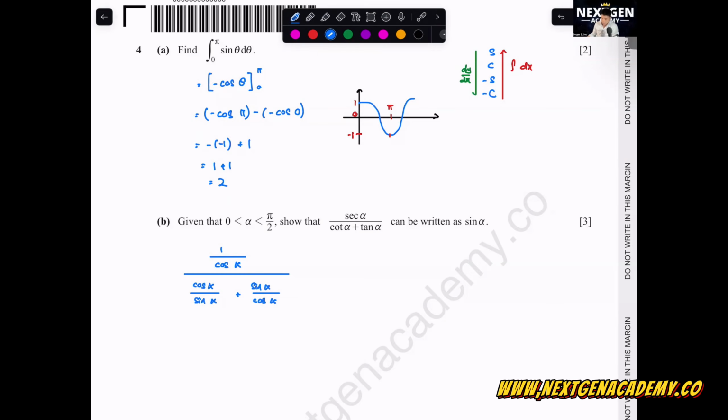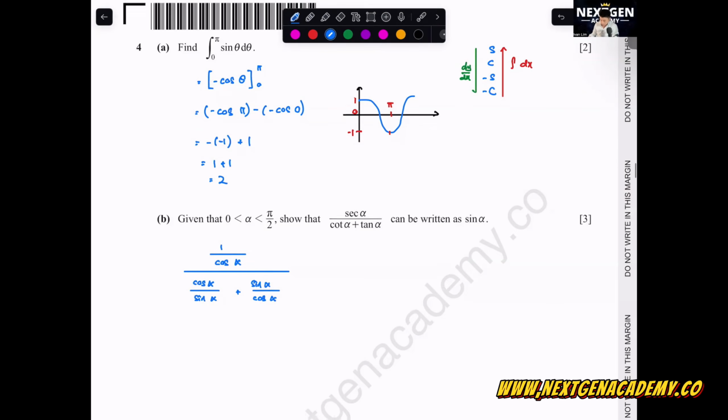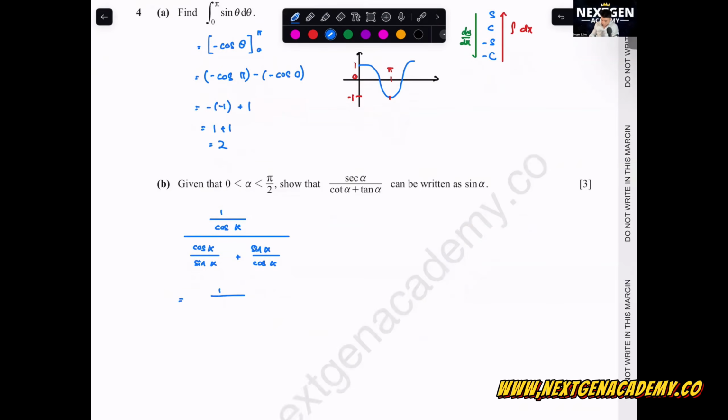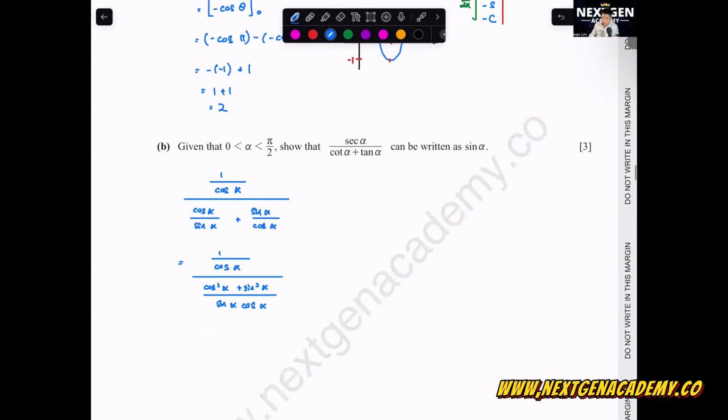Let's see what we can do. At the bottom, we can make it into one fraction: 1 over cos alpha divided by (cos squared alpha plus sine squared alpha) over (sine alpha cos alpha). Instead of writing so many layers, let's write it like that.